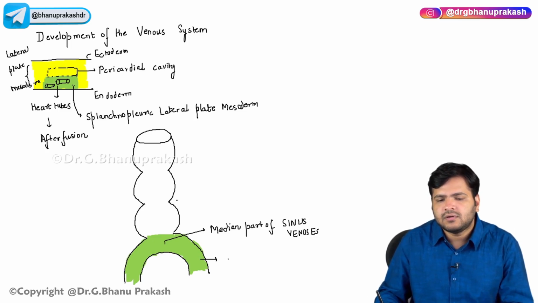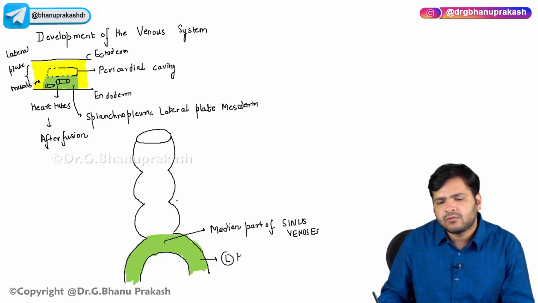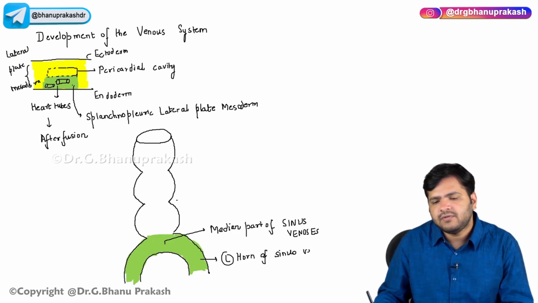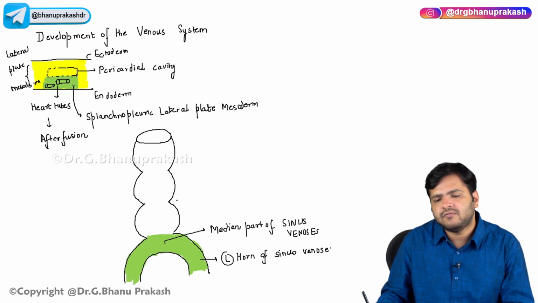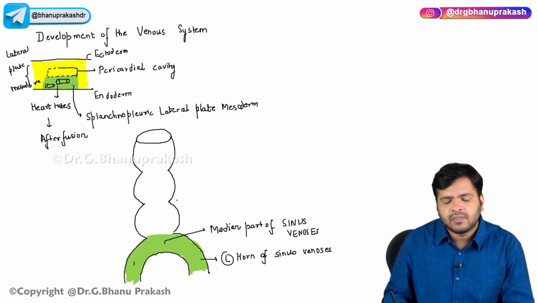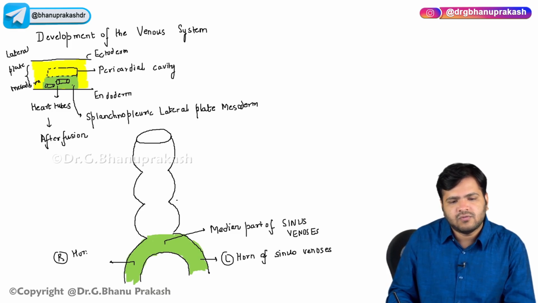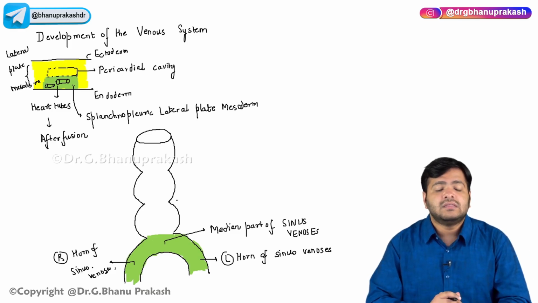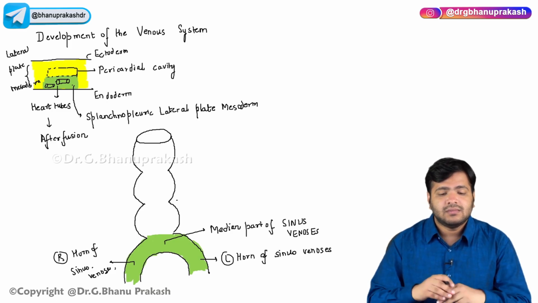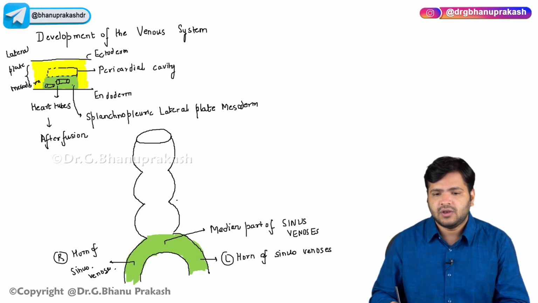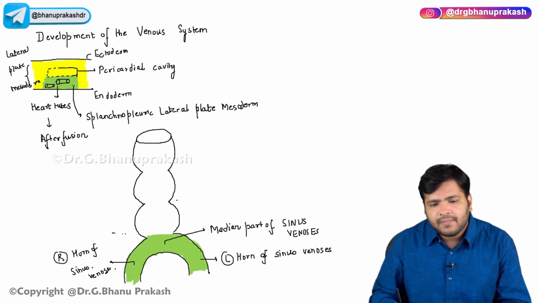We have the left horn of the sinus venosus, and we have the right horn of the sinus venosus. Remember, the developing heart will receive the blood from three sources.